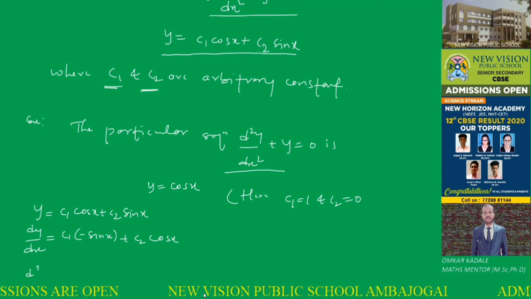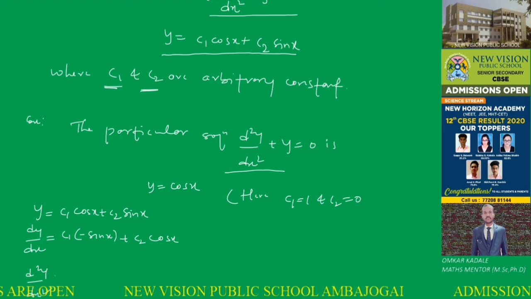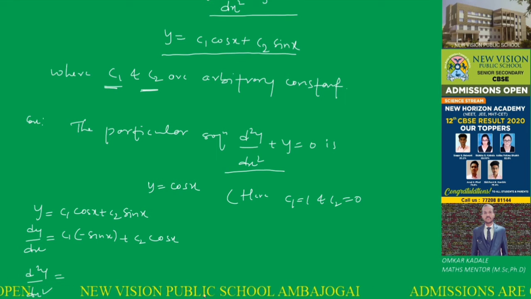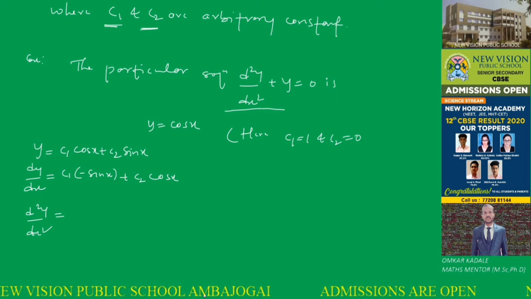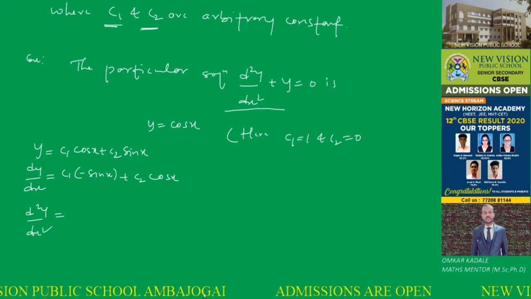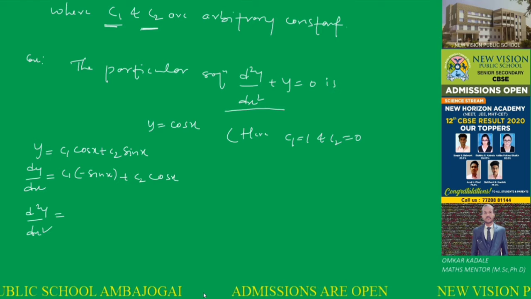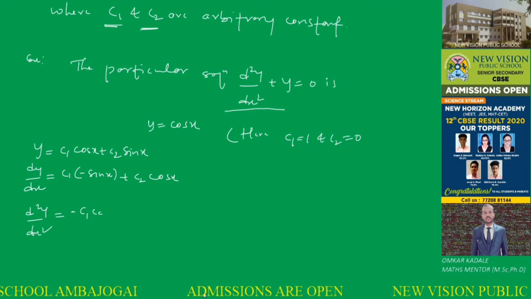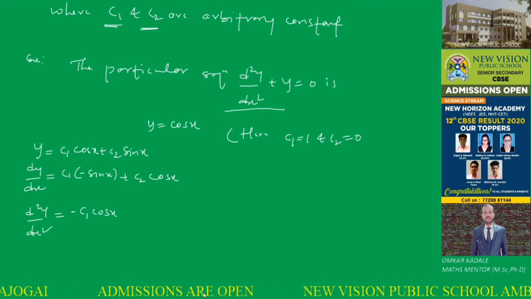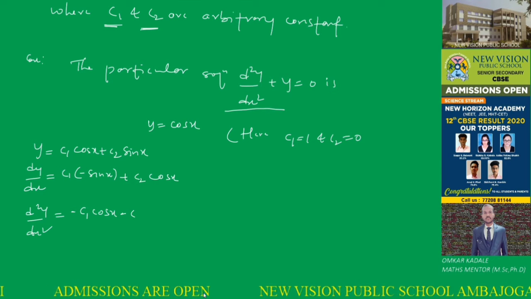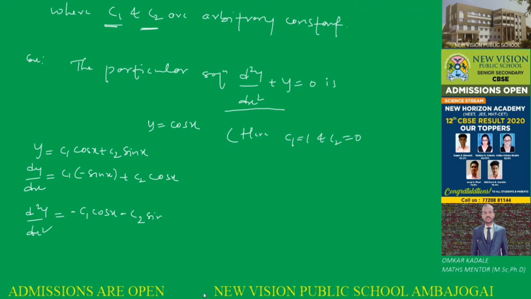Again differentiate to get d2y upon dx square, the second derivative: c1 as it is, times the differentiation of sin x which is cos x... minus c1 cos x. Again the differentiation of cos x is minus sin x, meaning minus c2 sin x.